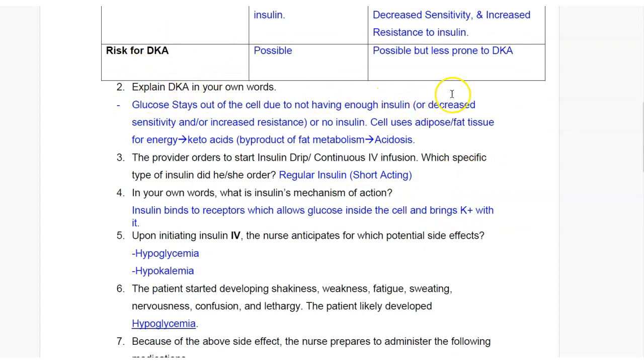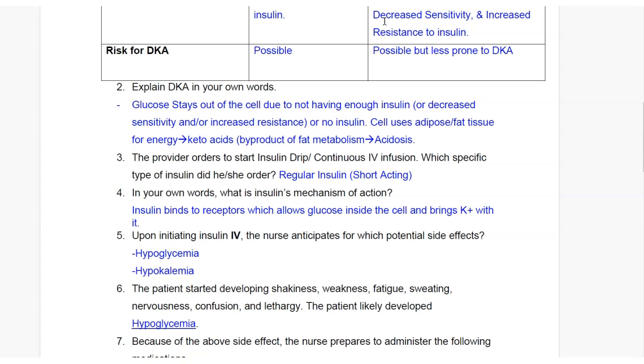Explain DKA in your own words. Basically what happens in DKA is that the glucose stays out of the cell due to either not having enough insulin, decreased sensitivity, or increased resistance, or sometimes just because the body doesn't produce insulin at all, which is what's going on in type 1 diabetes. Then the cell, instead of using carbohydrates for energy, uses adipose tissue, or fat tissue, for energy.